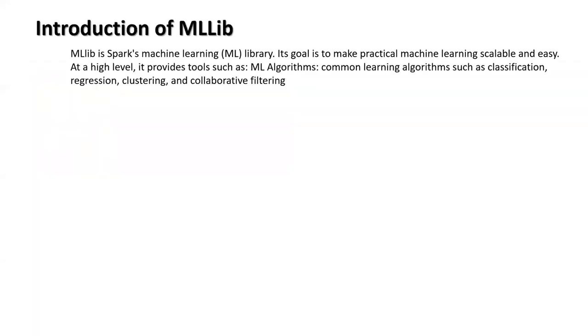Introduction to MLlib. MLlib is the Spark machine learning library. Its goal is to make practical machine learning scalable and easy. At the high level, it provides ML algorithms like classification, regression, clustering, and collaborative filtering.